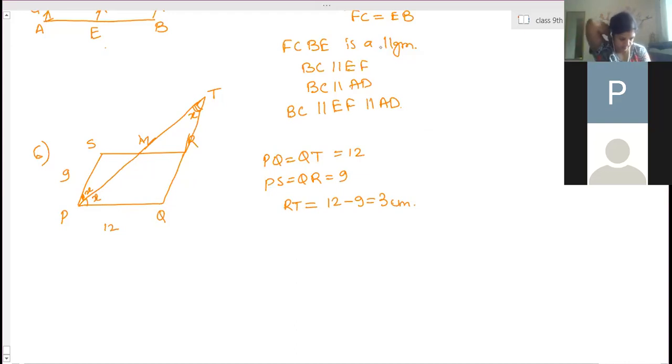Then further, I have told you to solve till 3, 5, 6, and 7. The fourth one we will solve in class. Ma'am, we could also take vertically opposite angles here, right? Like SMP and DMR.